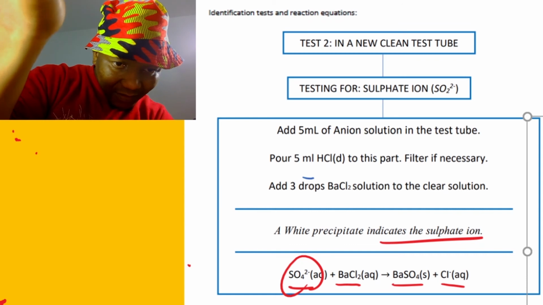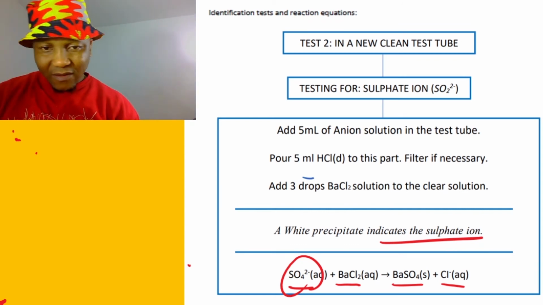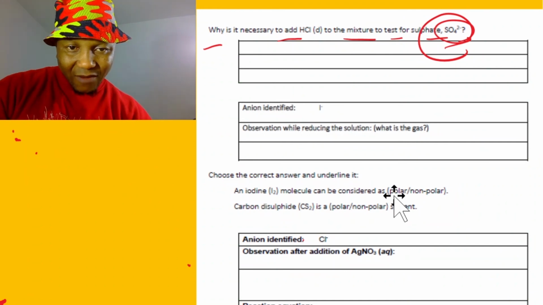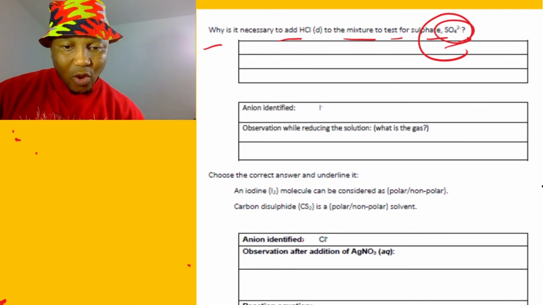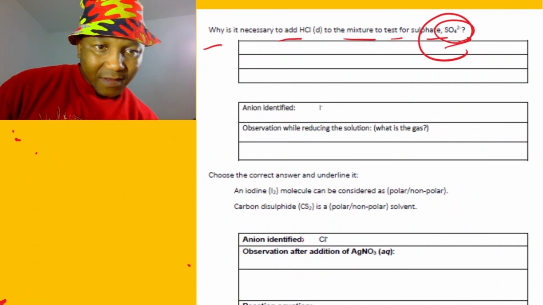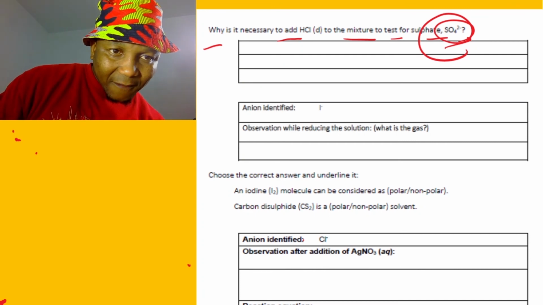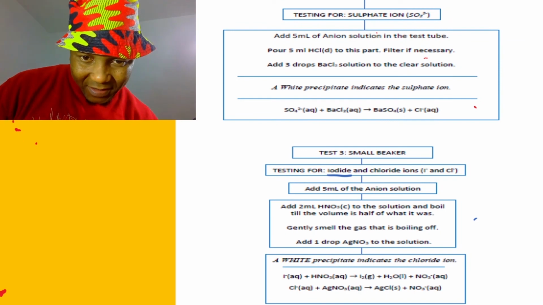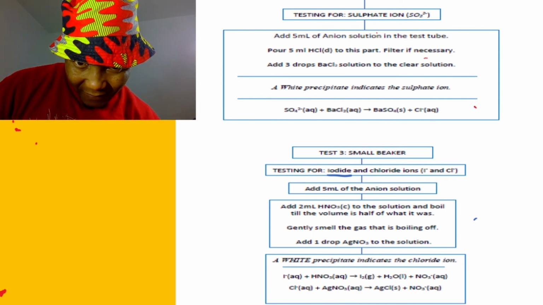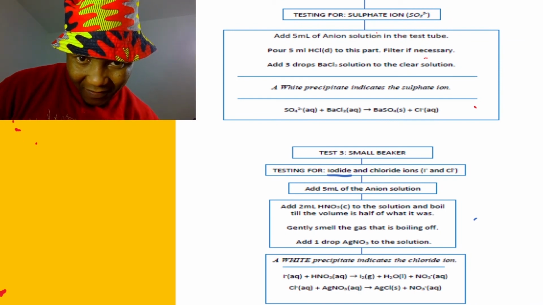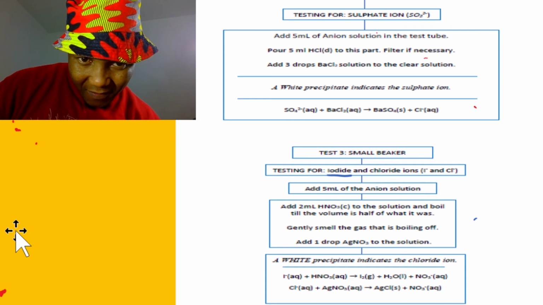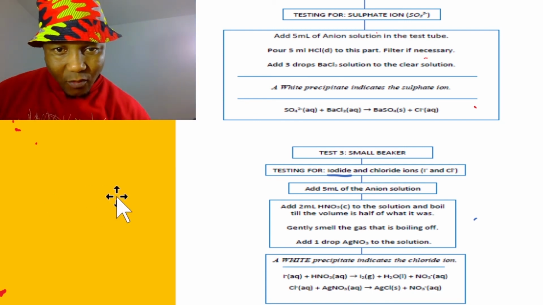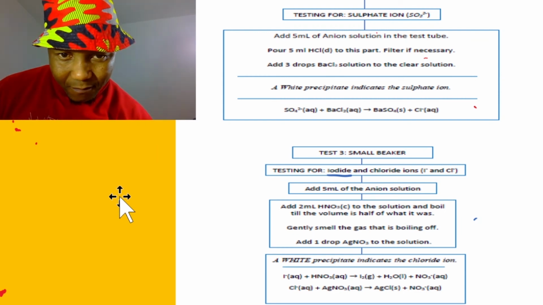Let's go to the previous page. For sulfate ions, we want to find out which gas.